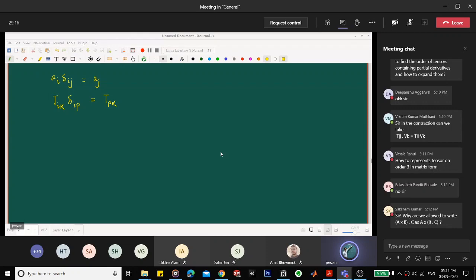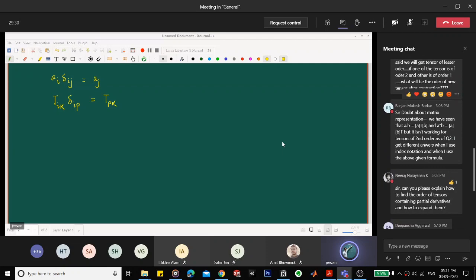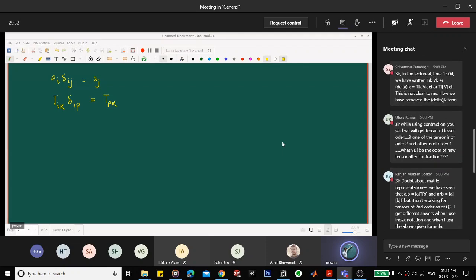Next question is asked by Utsav Kumar. He's saying, sir, while using contraction, you said you will get a tensor of lesser order. If one of the tensors is of order 2 and the other is of order 1, what will be the order of the new tensor after contraction? Very good question, but you just have to be a little careful when talking about contractions. Strictly speaking, we must always say that it is a single contraction or a double contraction.